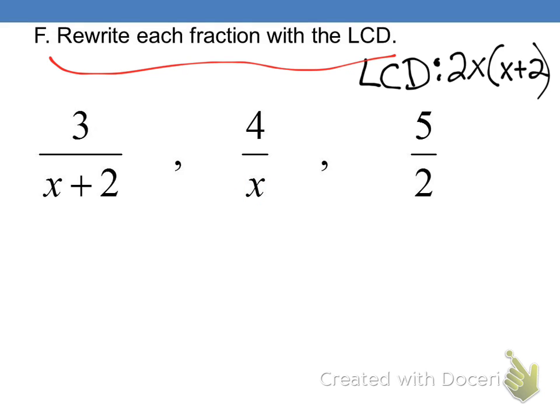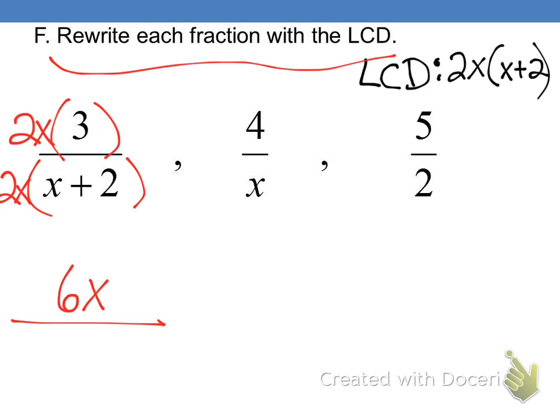So we're going to do that. The first fraction, 3 over x plus 2. What is that missing if we want to make it look just like the LCD? The 2x. If you're going to multiply the bottom by 2x, you got to multiply the top by 2x. What is 2x times 3? 6x.